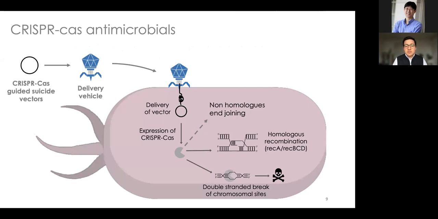When there is this DNA break inside the bacteria, most of them are not able to repair it through non-homologous end joining. Instead, most of them use homologous recombination. However, if you overwhelm that repair pathway, it usually results in death. So in brief, the idea of the CRISPR-Cas antimicrobials is to use a CRISPR-Cas system to program the cells to commit suicide.